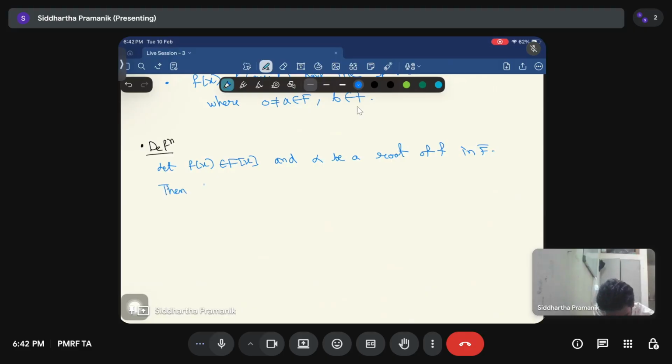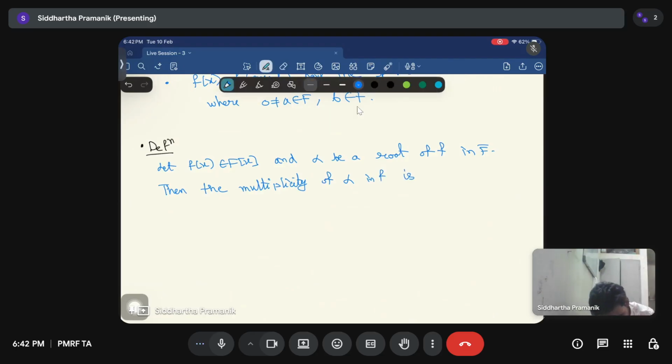Then the multiplicity of the root alpha in f is basically the number of times this root occurs.